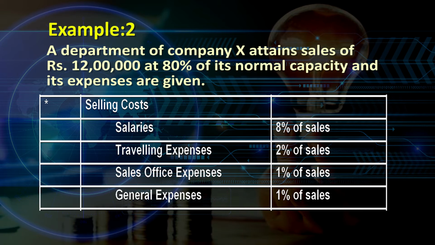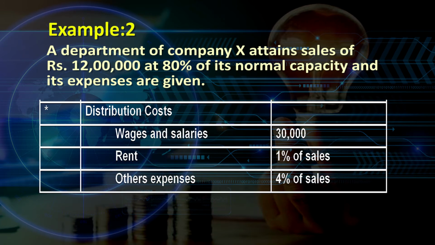Second part of the cost, selling costs, which are salaries 8% of sales, travelling expenses 2% of sales, sales office expenses 1% of sales, and general expenses 1% of sales. The distribution costs now, wages and salaries rupees 30,000, rent 1% of sales, other expenses 4% of sales. Draw up a flexible budget for operations at 90% and 100% of the normal capacity.